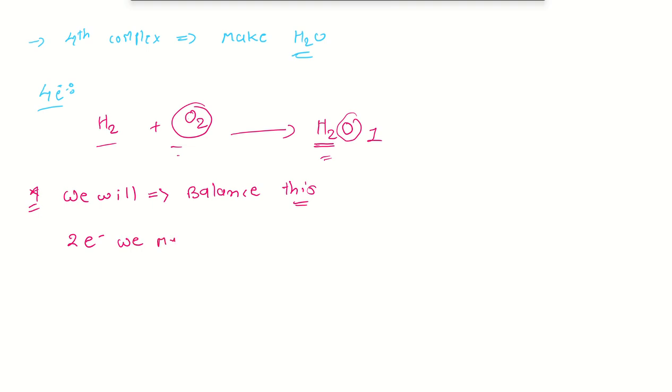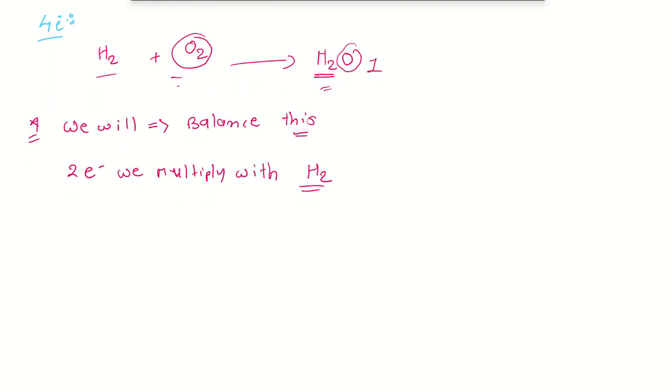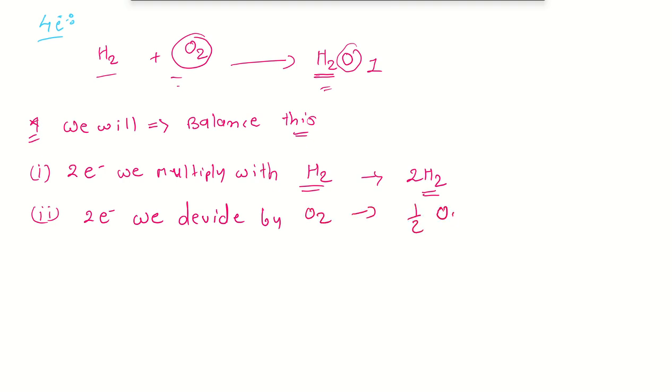For two electrons we multiply with H2, forming 2H2, and for the second two electrons we divide O2, giving one half O2.